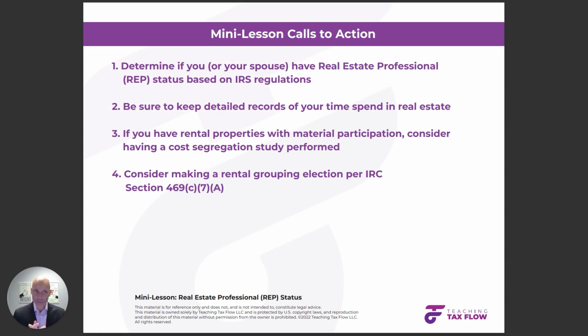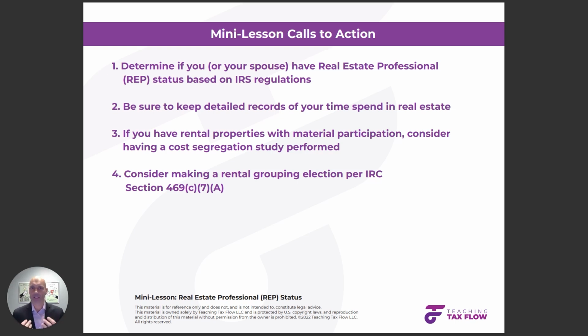Let's tie a bow on this. First of all, figure out if you have REP status, either you or your spouse, based on those IRS regulations. Keep a detailed log, I know I keep repeating myself, of your time. If you have rental properties with that material participation and you're REP status, really consider having a cost segregation study done, especially if you're in that red diagnosis in our Teaching Tax Flow system.